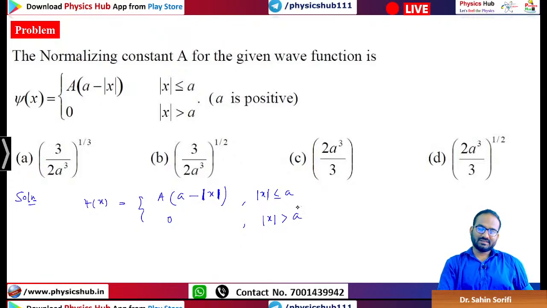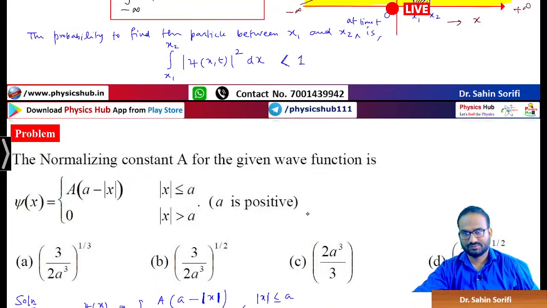Mod x less than or equal to A, less than 1, not equal to 0.